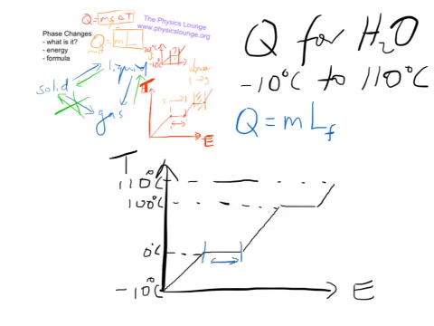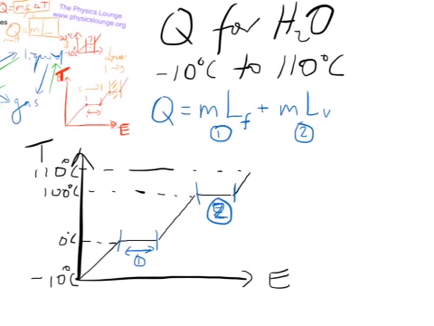So we call that 1 because we're dealing with 1 on there. And then we're going to have to add to that the energy required here, which is 2, the energy required to evaporate it. So that's going to be the mass again, times the latent heat of vaporization, or evaporation, depending what you want to call it. Just be aware that different people will use different names for these.